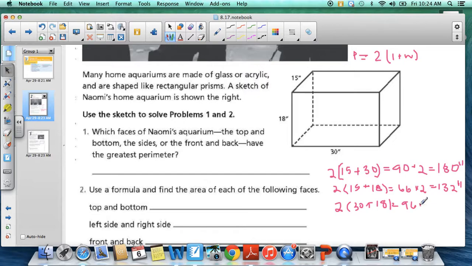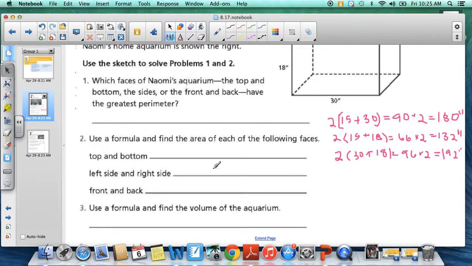Then we multiply that by 2 so that we can add the back onto it, and we get a grand total of 192 inches, and that's our winner. So, under number 1, just write front and back, because the front and the back have the greatest perimeter. I'm not going to write it because it would take me twice as long.